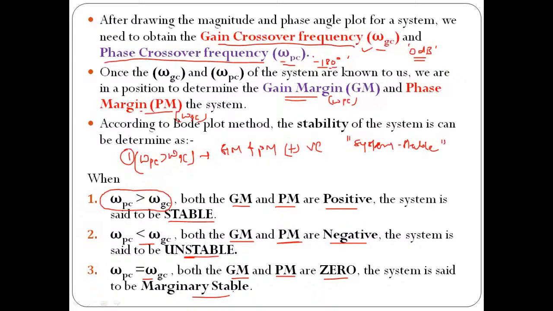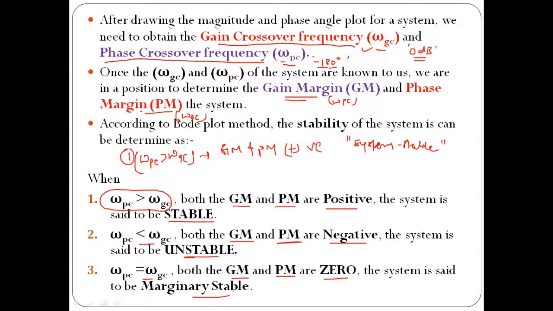If the value of phase crossover frequency is more as compared to gain crossover frequency, that will be your case number one. Omega PC is more than omega GC. Both gain margin and phase margins are going to be positive and the system is said to be absolutely stable. If the situation is reverse, that means if the value of gain crossover frequency is more as compared to phase crossover frequency, that means omega GC is more than omega PC, both gain margin and phase margins are going to be negative, the system is said to be unstable.